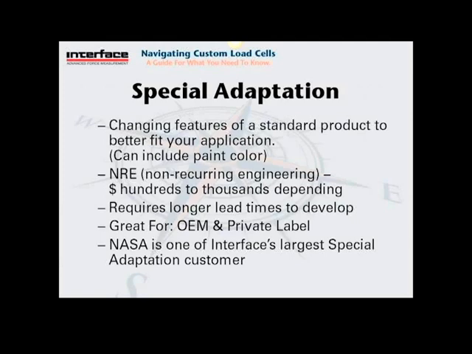Sometimes when we're doing special adaptations, we have some NRE charges that we have to pass along, and those are there to cover special drawings that we have to do. If we have to purchase thread gauges, if you specify a thread that we haven't done yet, any calibration fixtures, assembly fixtures.